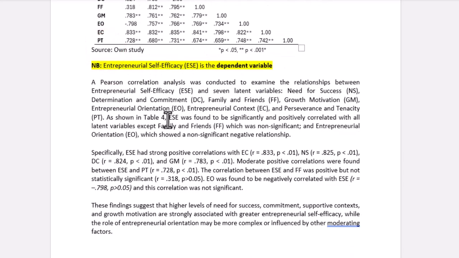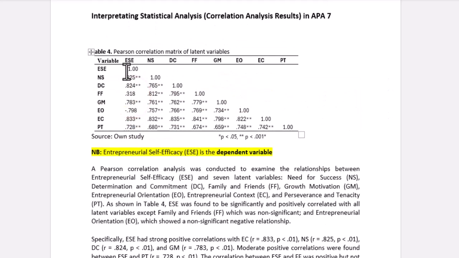ESE was found to be significantly and positively correlated with all latent variables except FF, which was non-significant, and EO, which showed a non-significant negative relationship. So it is a summary. The first paragraph is a summary of the results. You just look at all the results and summarize them.